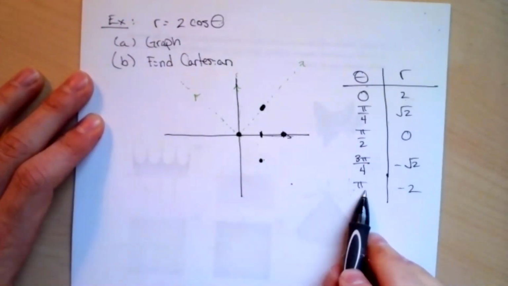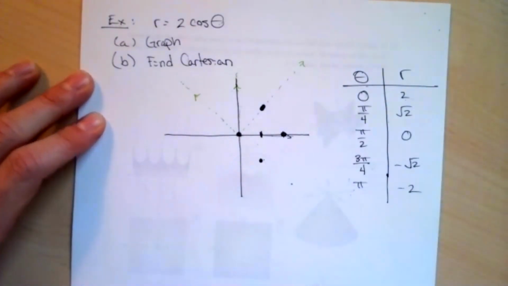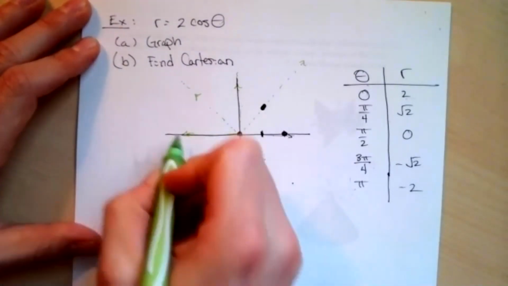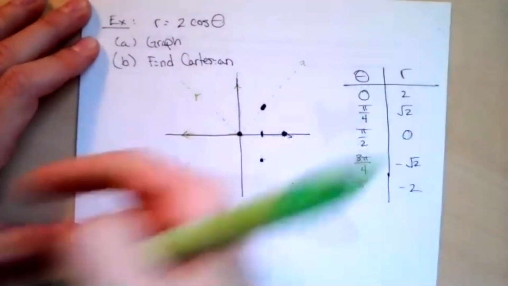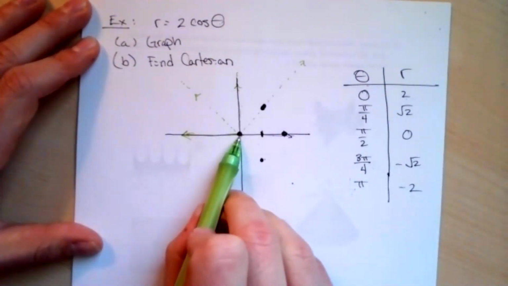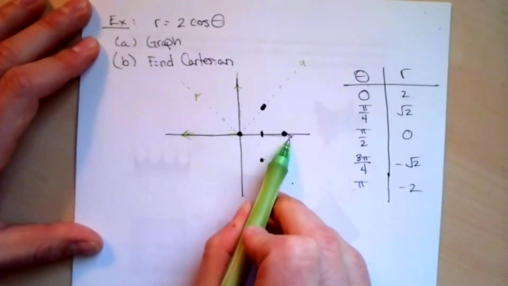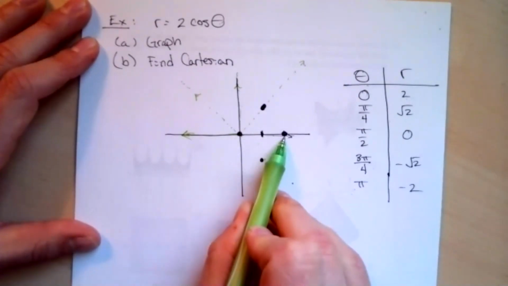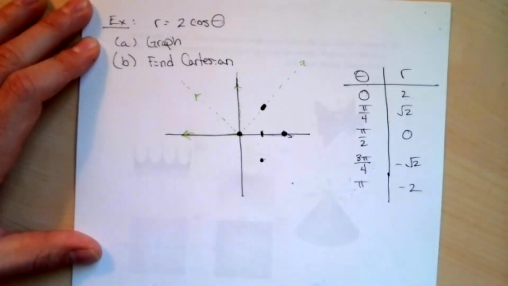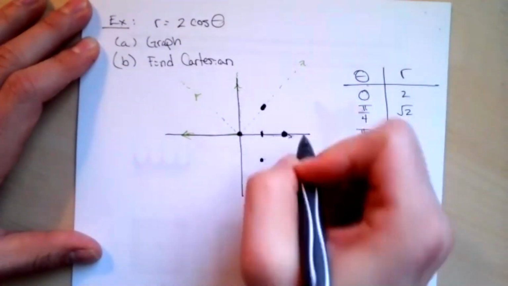And then what's going to happen at pi, again, we've got a weird thing where we're facing in this direction. Our angle pi is saying face towards the negative x, but the radius itself is negative, so go in the opposite direction of that arrow. So walk 2 units to the right. So this point brings us back to where we started here.